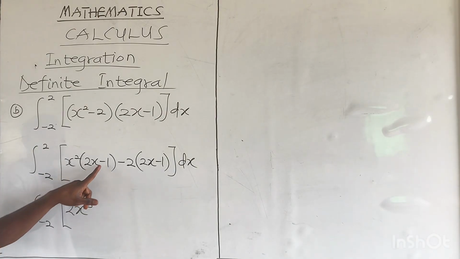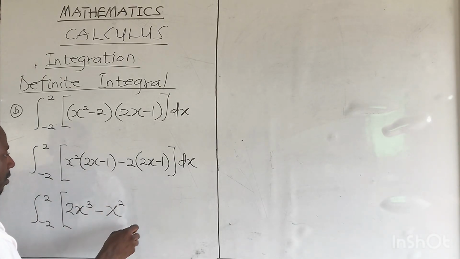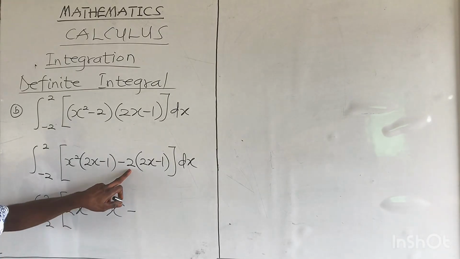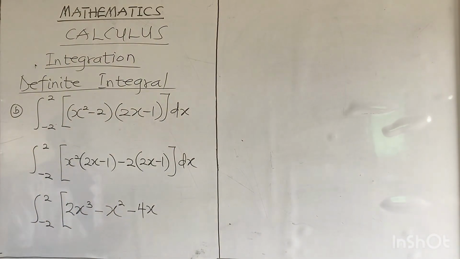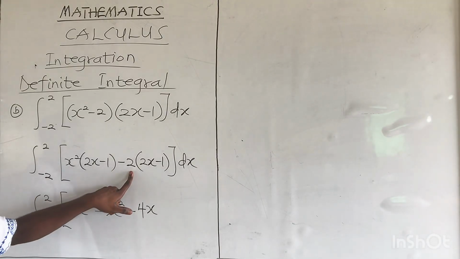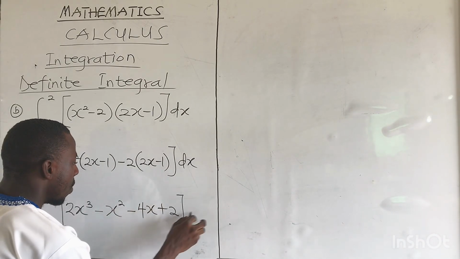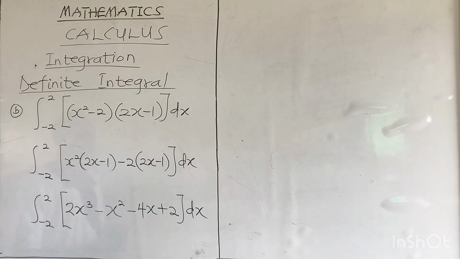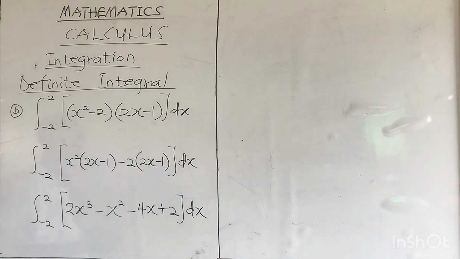x squared times 1, we have x squared. Minus 2 times 2x, we have 4x. Then negative 2 multiplying negative 1, we have positive 2 dx, because negative multiplying negative gives positive.